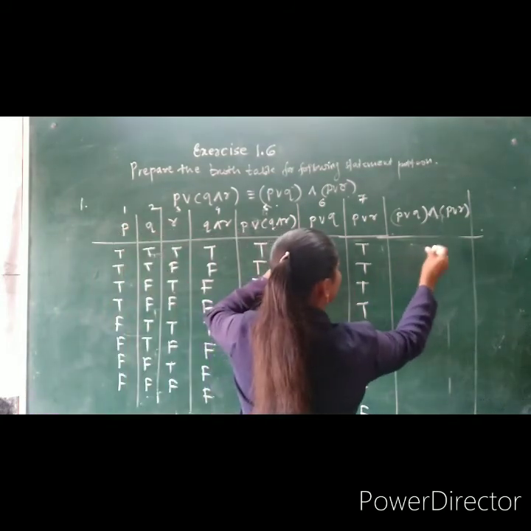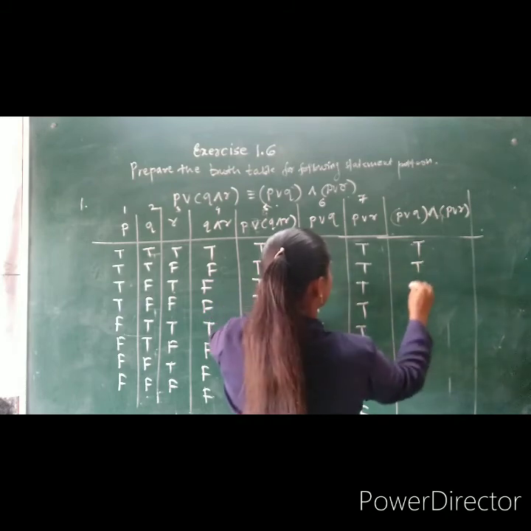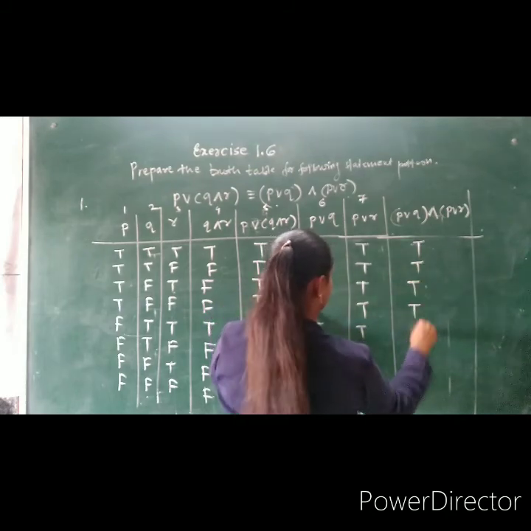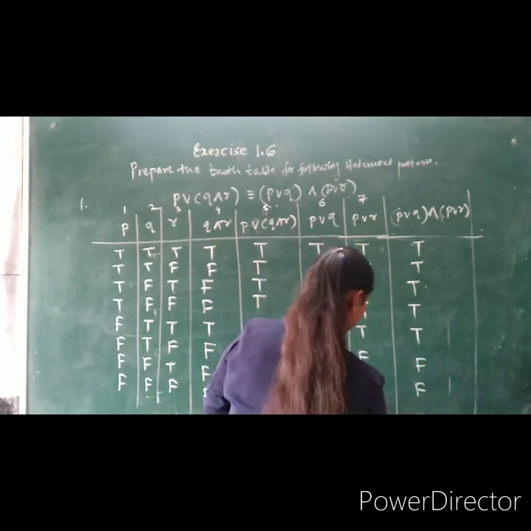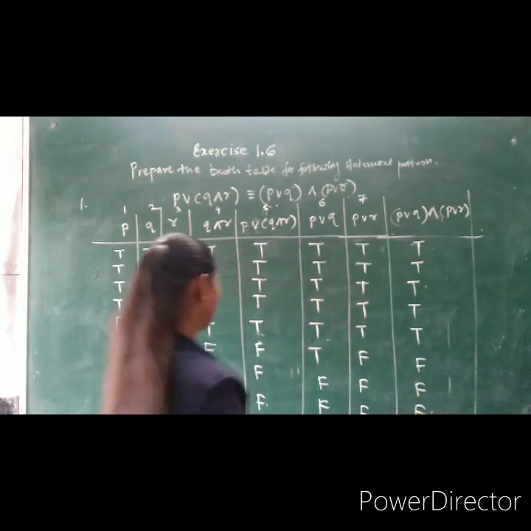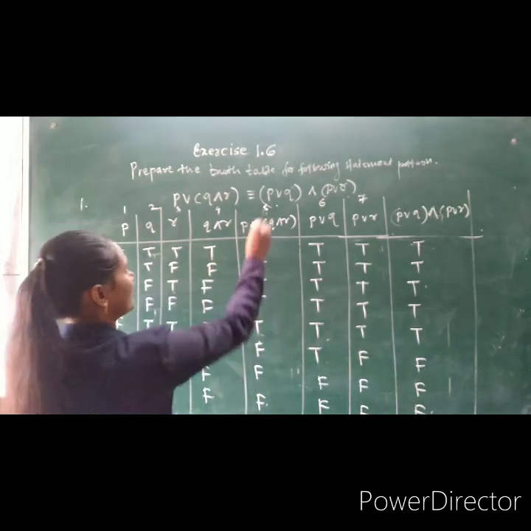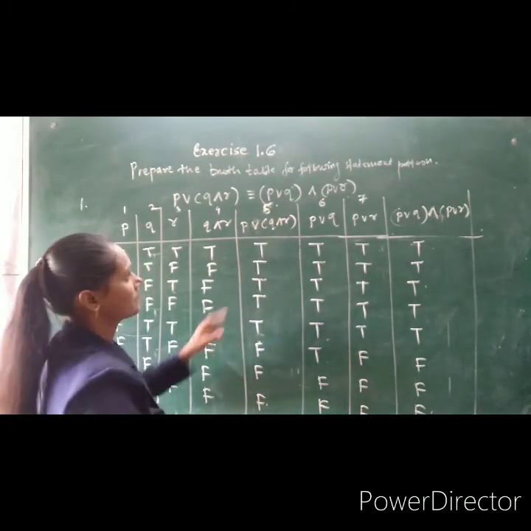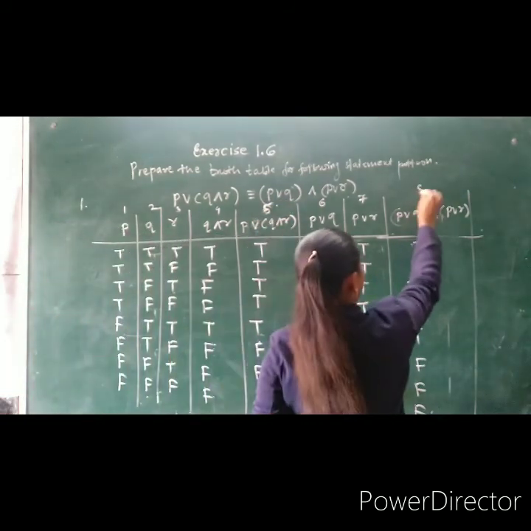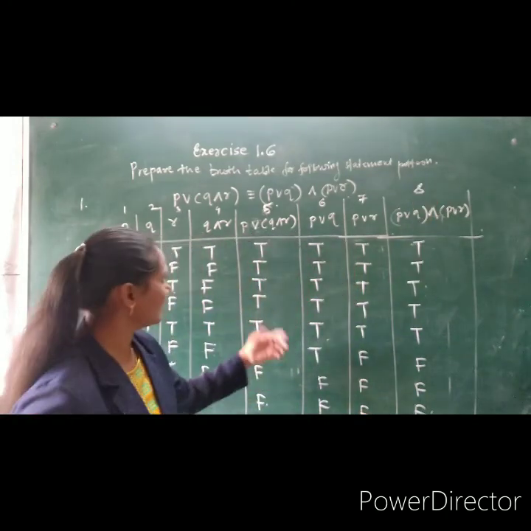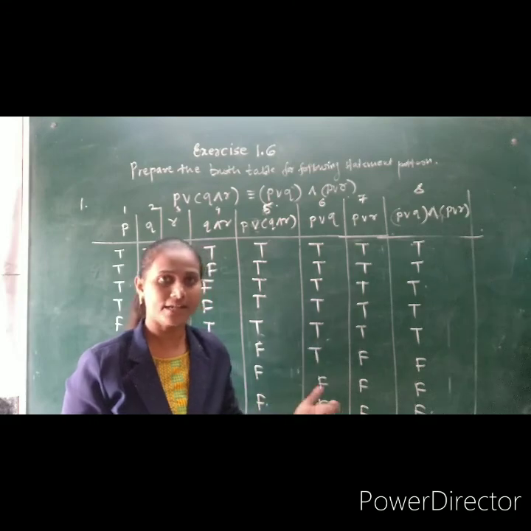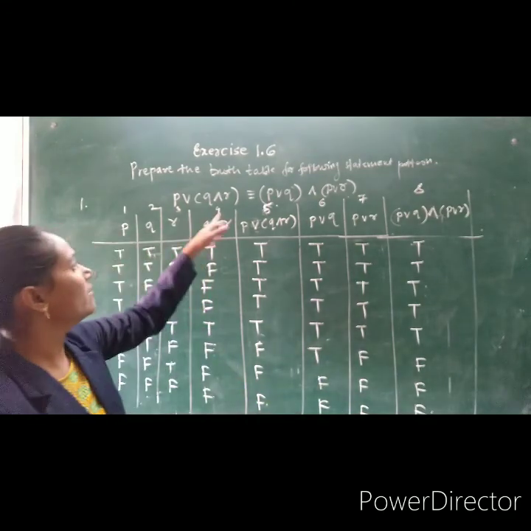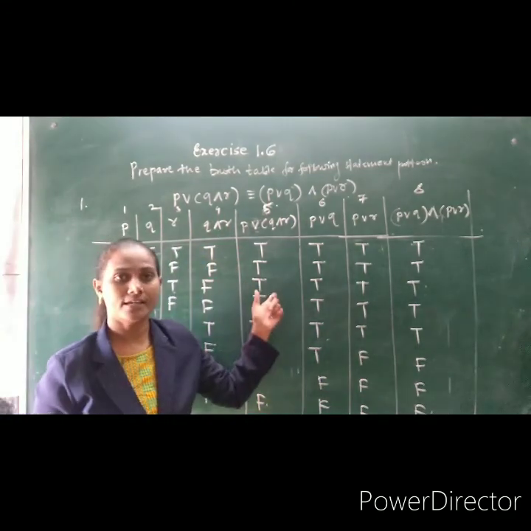T, T, T, T, T, T, T, T. Again both are T, T, T, T, but here it is F. Again F, F, and the last one is F. So check column number 5 and column number 8. All entries in column number 5 and column number 8 are identical. Therefore, the given statement pattern is logically equivalent.